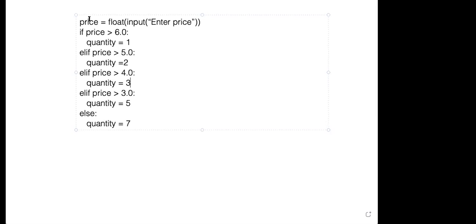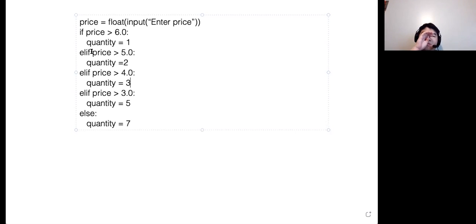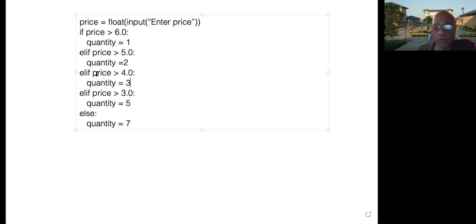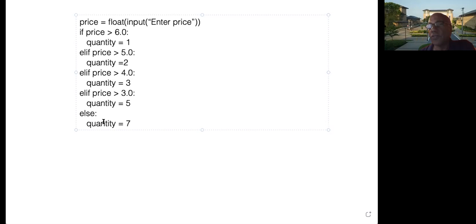Now, let's say price is $1.0. Will this be true? It'll be false. How about this? False. False. False. False. So it will hit this.